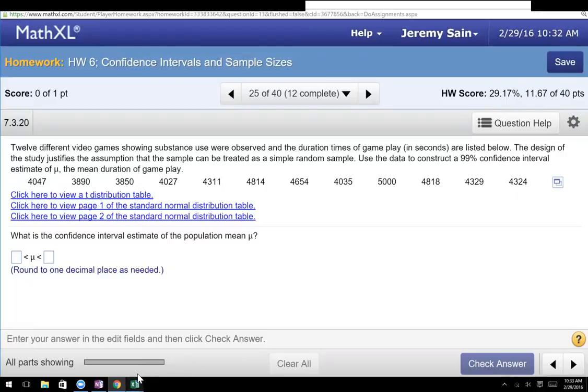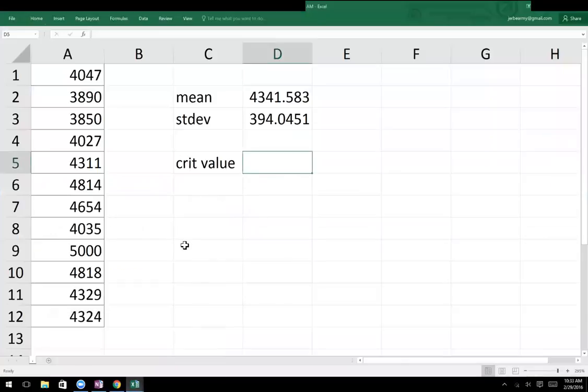So we're going to go the inverse, 0.05, and 11. And again, we really want it to be positive, so I'm just going to do that to make it positive. All right. So there's our critical value.